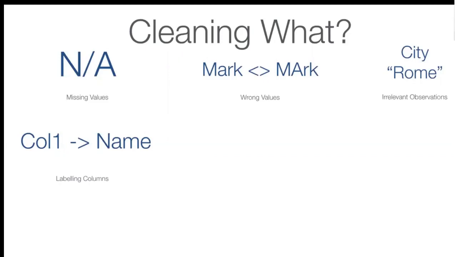Labeling columns is especially useful for you because then you will be able to explain, look, my machine learning model is using the person name as a good indicator for my prediction instead of using column A as a good indicator for my prediction. So labeling columns is useful for you to explain why the machine learning model took some decision and is using some columns in order to create a prediction.